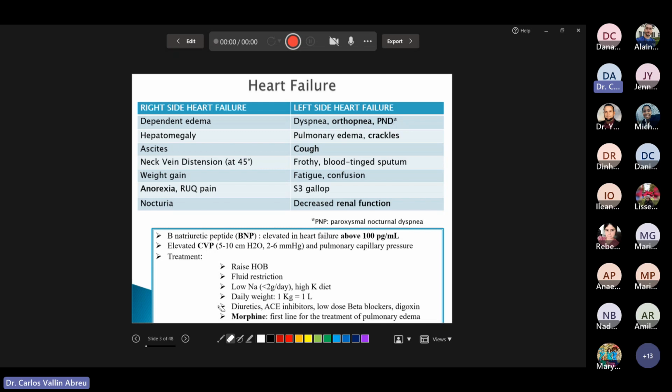So morphine is a cornerstone of the treatment of pulmonary edema, not the chronic treatment of heart failure, but the acute treatment of pulmonary edema. And yes, at the end of this, we will talk a little more about the pharmacology, but this is more or less the way of managing heart failure by the providers.